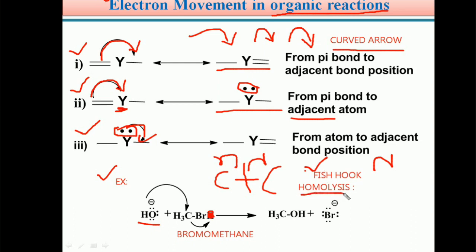In case of homolysis, radicals are formed as intermediates, and this radical formation is denoted with a half-headed arrow or fish hook arrow. So students, the electron movement in organic reactions is generally represented in this manner.